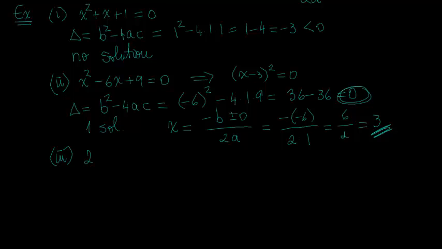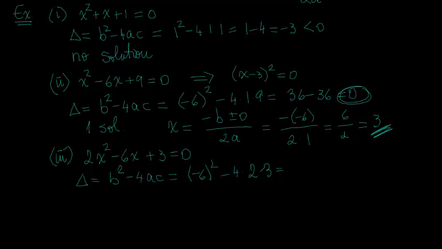Finally, let's look at another example. Let's say 2x squared minus 6x plus 3 equals 0. So again, we compute the discriminant b squared minus 4ac and obtain negative 6 squared minus 4 times 2 times 3. So I have 36 minus 8 times 3, which is 24.